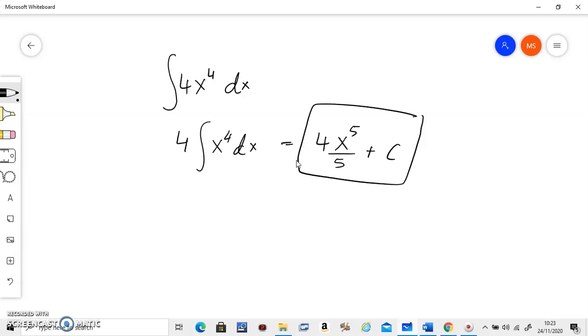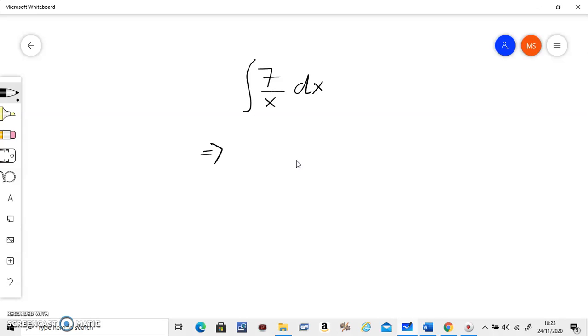Okay, let's do one more. Similarly, if I give you the integral of 7 over x dx, you do it the same way.